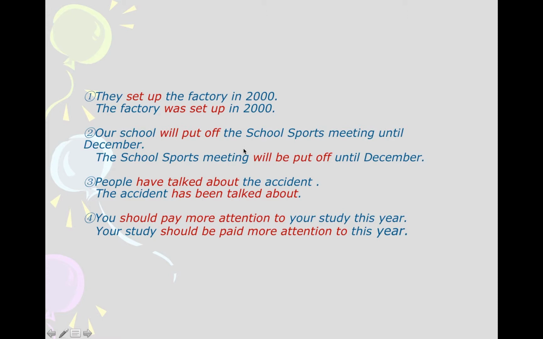So the school support meeting will be put off until December. The third example is: people have talked about the accident. The accident has been talked about. And: you should pay more attention to your study this year. Your study should be paid more attention to this year.